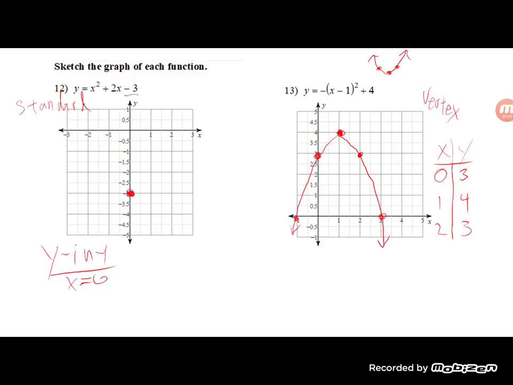So, to start graphing this, I guess let's find the x-intercepts. To find the x-intercepts, I'm going to need to factor this. So remember, factoring a trinomial, we do a times c, adding to b. So a times c is going to be -3, b is going to be 2, and what are those numbers? It multiplies to -3, but adds to 2, that'll be 3 and -1. So this will be equal to, we can take our shortcut, x plus 3 and x minus 1.